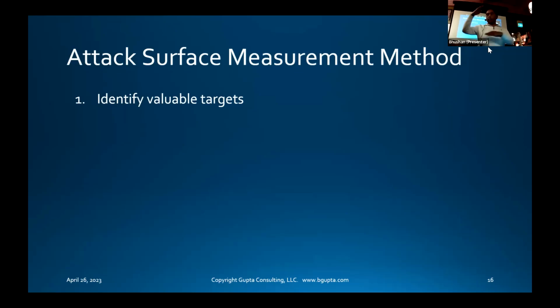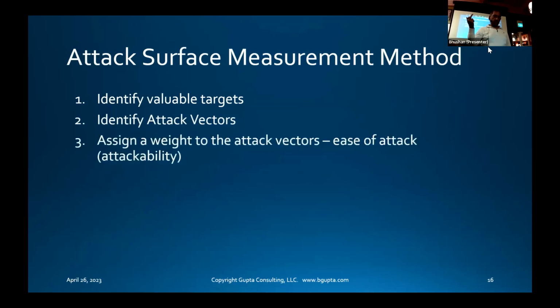And I'm just going to give you 4 different steps to measure when you are trying to measure the attack surface. First of all, we want to see what the valuable targets are. Second, we want to identify the attack vectors. Third, we want to assign a weight to attack vectors. There is no standard attack surface index.